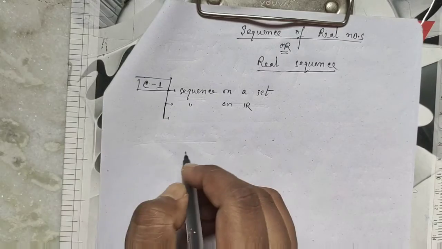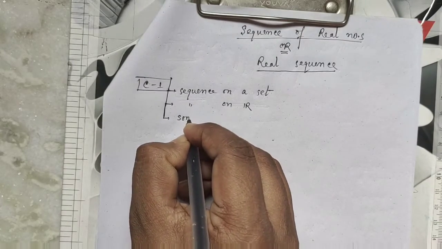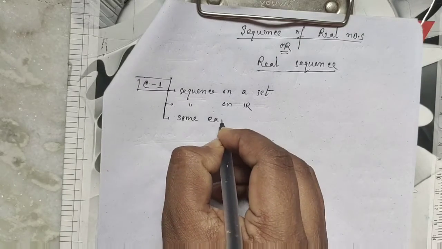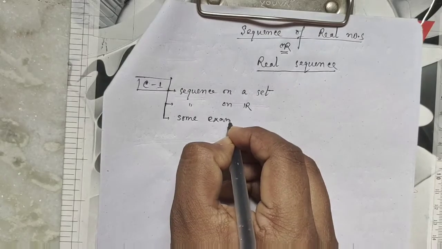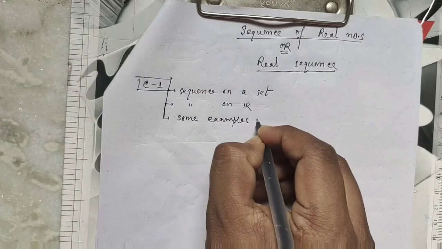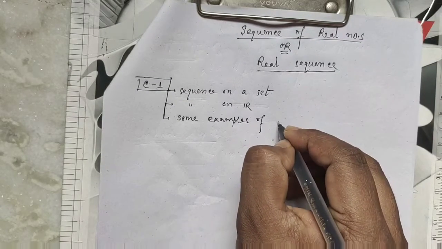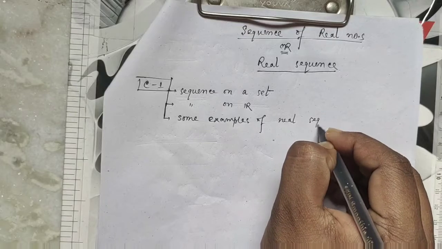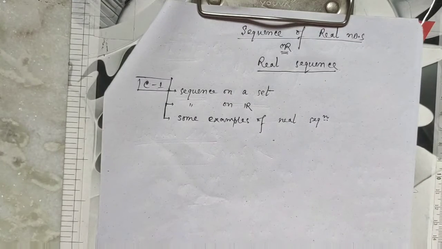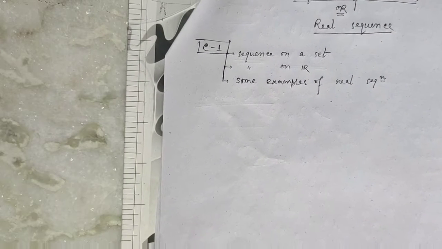Then we discuss some examples of real sequence. Okay, this is our discussion. So first we recall some notation of some special sets.